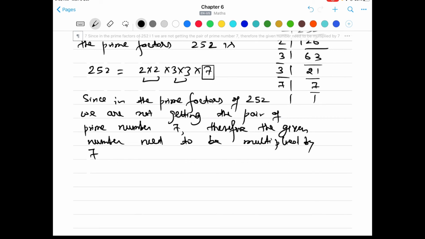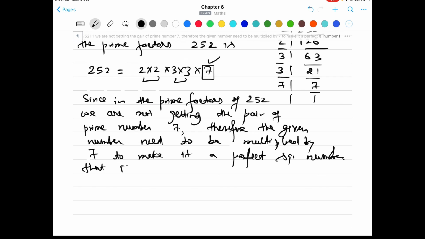The number for which we are not getting a pair, we have to multiply the given number by that number. Therefore the given number needs to be multiplied by 7 to make it a perfect square number.